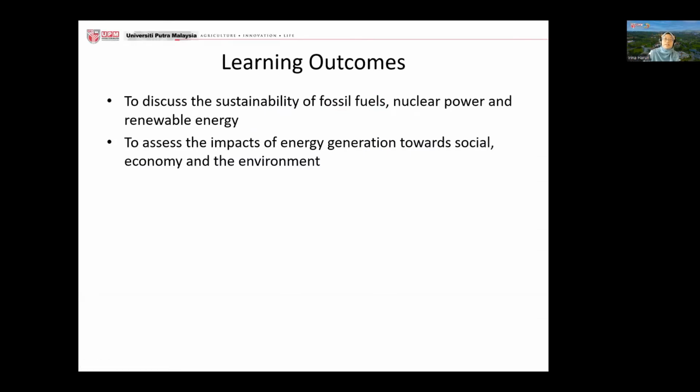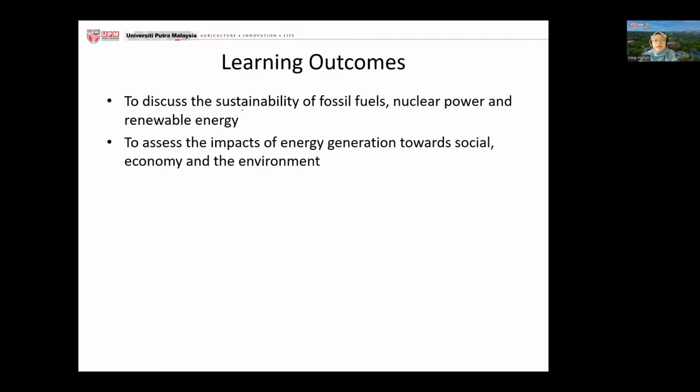Okay, if you see the learning outcomes, first is to discuss the sustainability of fossil fuels, and other types of energy. You see, for the past few weeks, we've looked at many different energy resources, natural resources. We've looked at renewable and non-renewable energy as well.